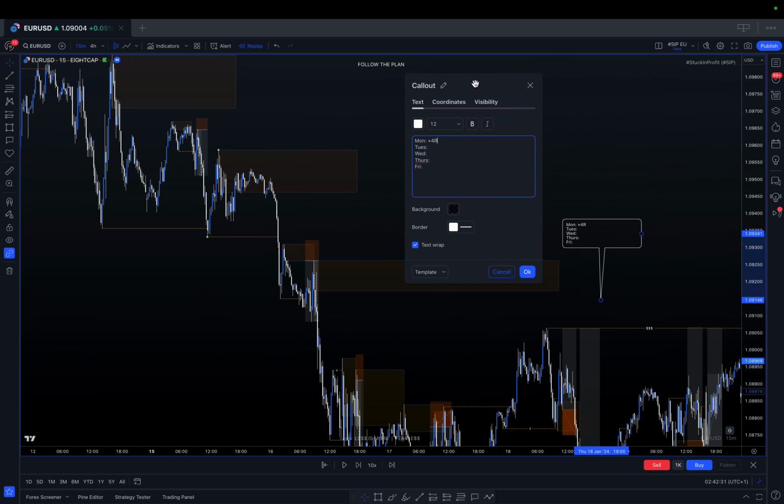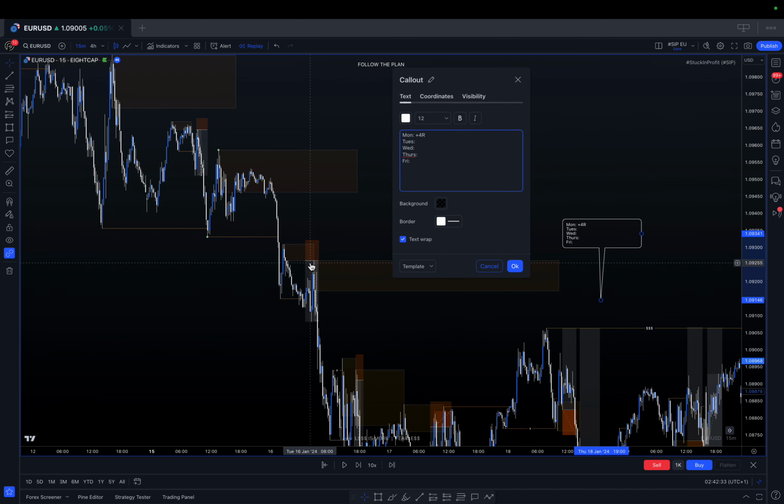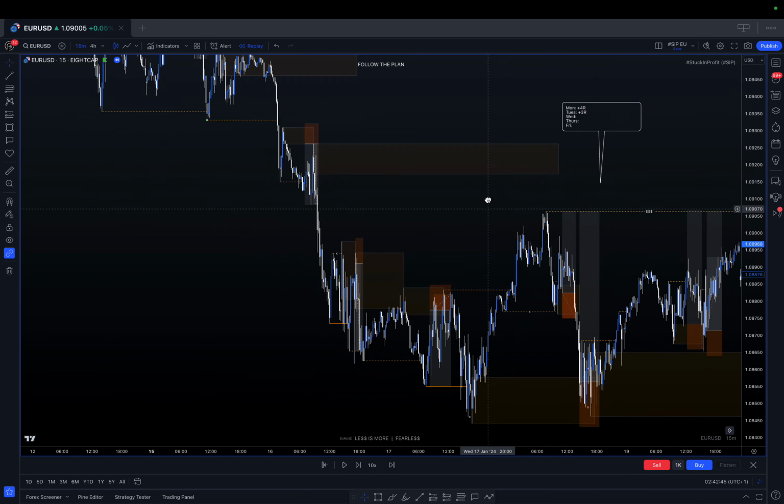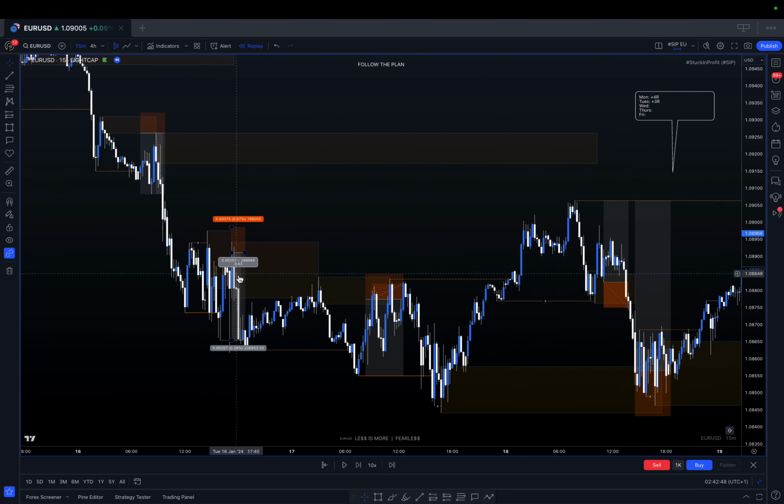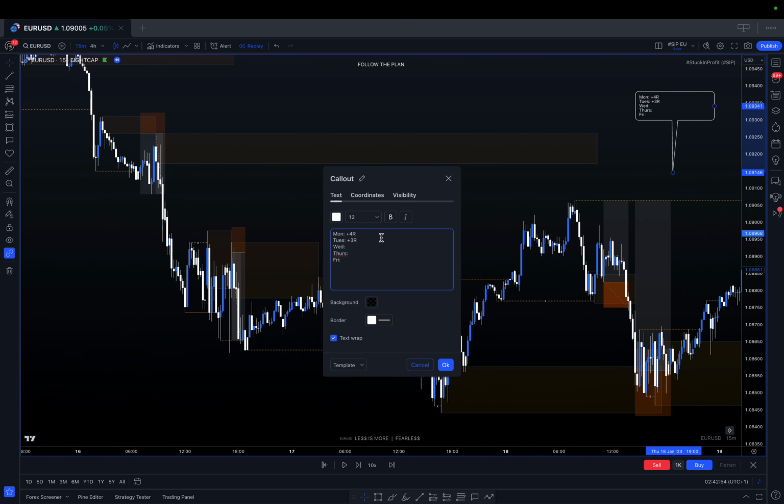Okay, then on Tuesday we had another trade, and that was plus 3R, I believe. And then still on Tuesday we had another trade in New York session, which was also plus, let me just be sure, plus 3.4R, right?